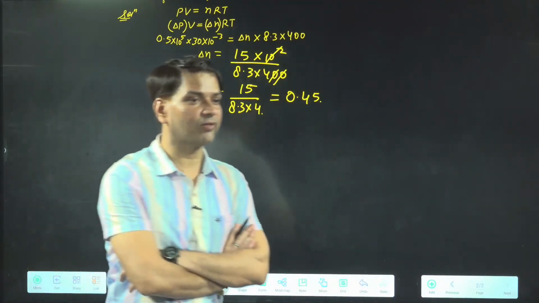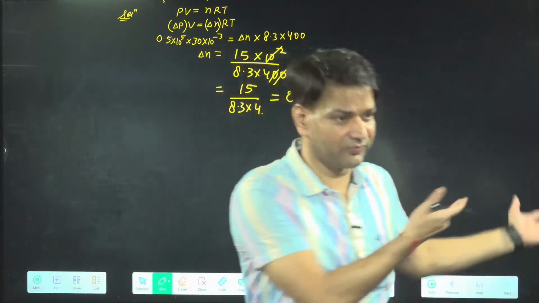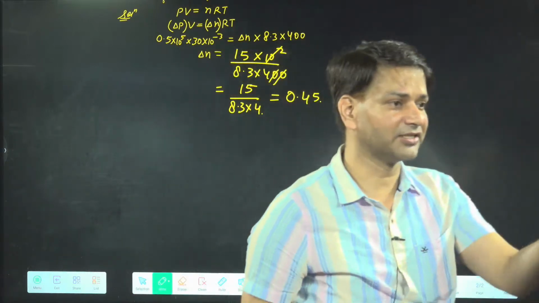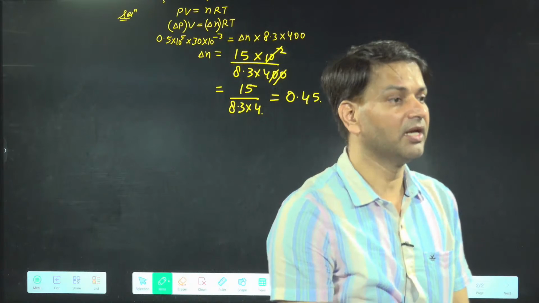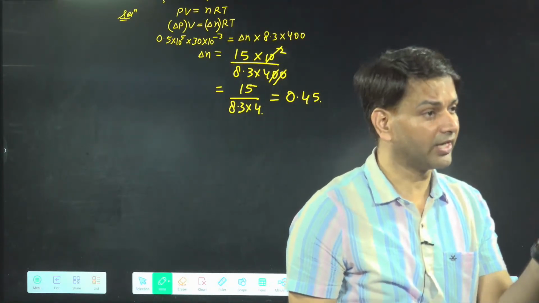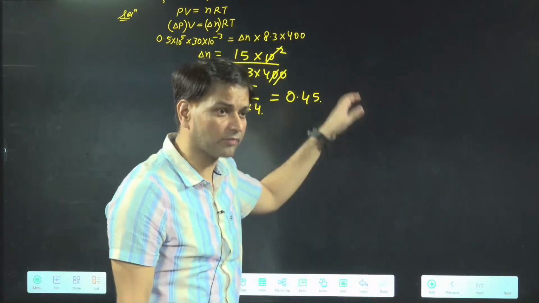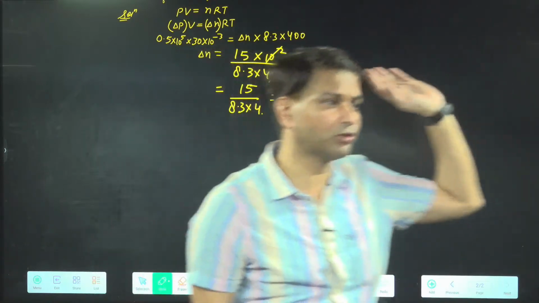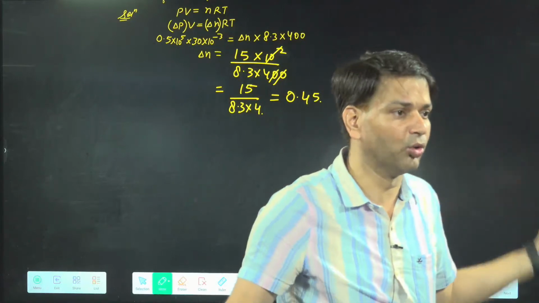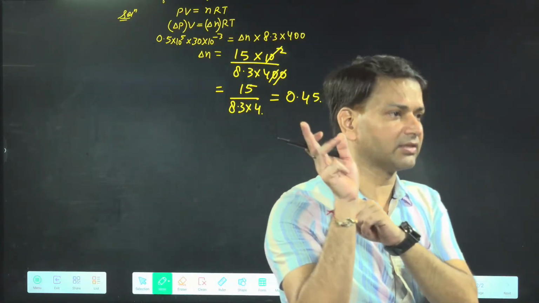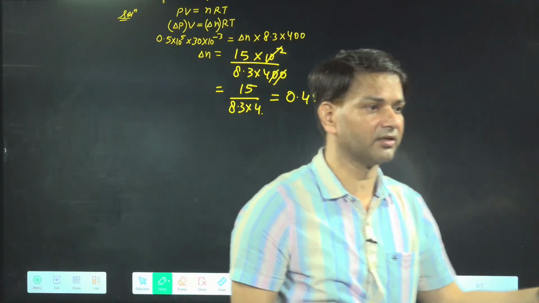If you can take density 1.3, then why do we need this calculation? Directly density you know, volume you know, you can find the mass. But the problem is, they have given density at STP, but here the temperature of the gas is 127, and pressure I don't know. So we cannot use the density here.